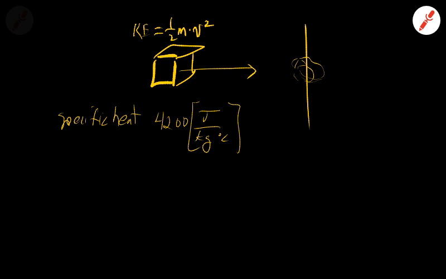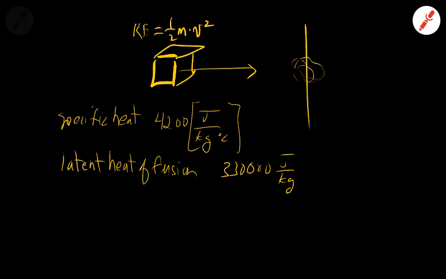We also have what's called the latent heat of fusion, which is the amount of energy to melt 1 kilogram of water, in this case, or whatever substance you're dealing with, for water at the melting temperature.